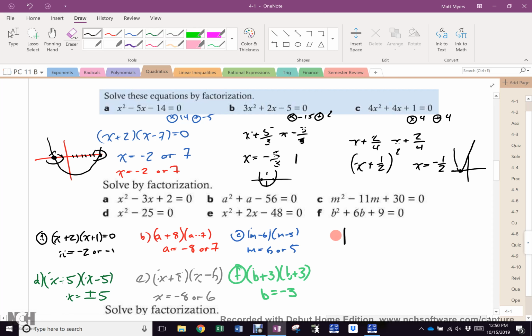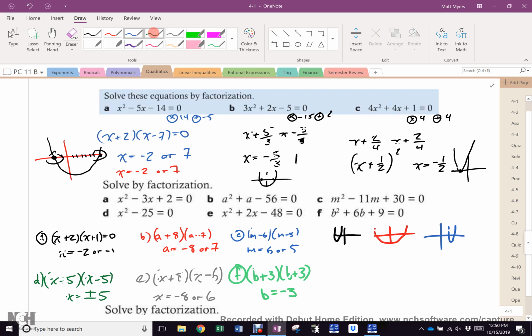The graph for A, both are negative, so it would be over here on the negative side, right? The graph for B, one's positive and one's negative, so it'll be a fairly wide one because I'm down at -8 and +7. The graph for E, 6 and 5, they're both positive and it'll be really narrow because 6 and 5 are close together.